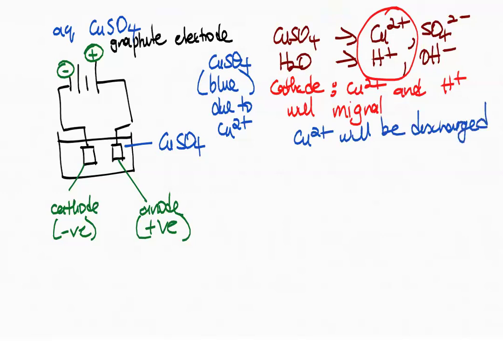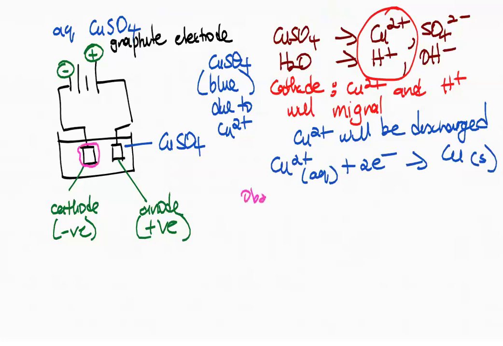And the equation for that is Cu2 plus aqueous plus two electrons to form Cu solid. Now this time we're getting a solid, right? So you will notice that around the cathode there would be a pinkish deposit of copper.